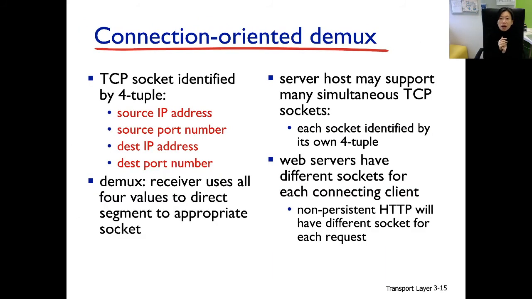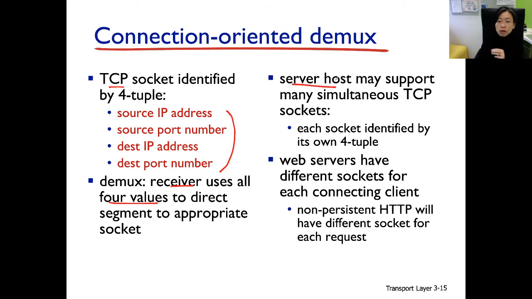The slightly more complicated one is the connection-oriented demux. That is also the TCP's demultiplexer. So whether a packet or a segment should go to a particular socket depends on all four pieces of information. All right, so the receiver uses all four values to direct the segment to the socket.